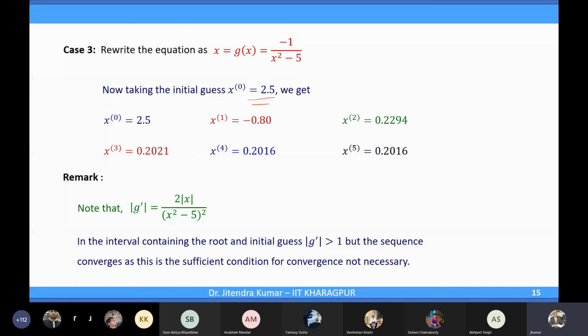And if you check what g prime is, g prime is greater than 1, but the convergence is still there. So this is exactly what I tried to explain there, that it's a sufficient condition, not a necessary condition. In this case, the condition was not satisfied and still we have convergence.